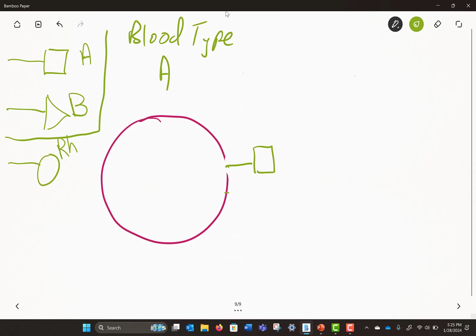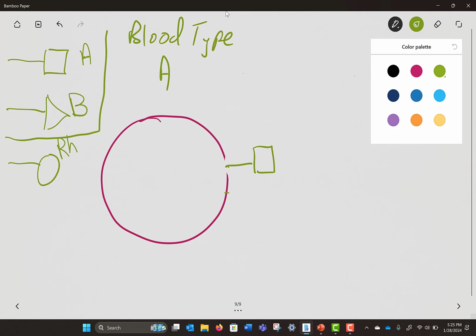If cells with B antigens show up in their bloodstream, that means that something has gotten into their body that shouldn't have. And it is the job of our immune system to monitor for things that should not be in our body.